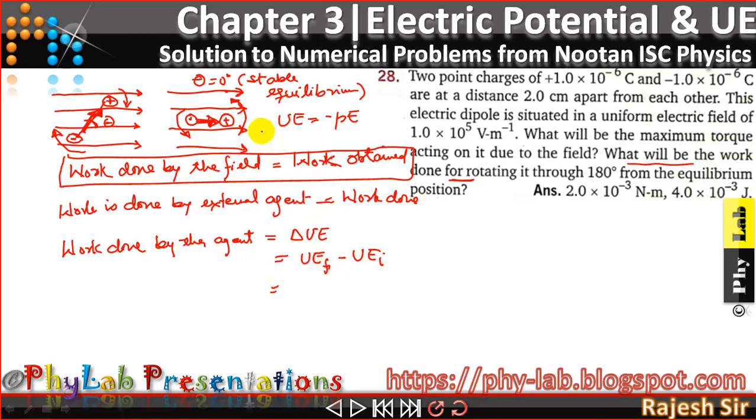You are going to move the body from the position of stable equilibrium. So potential energy final minus what is initial potential energy? Potential energy of stable equilibrium. So that means I am supposed to move this dipole from the position of stable equilibrium. So this happens to be the position of stable equilibrium.